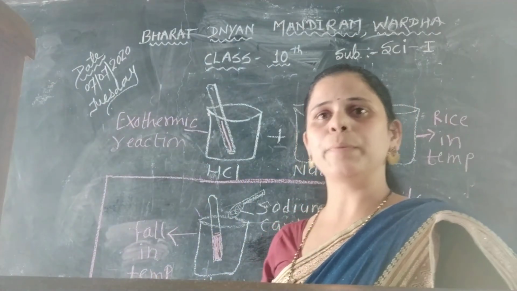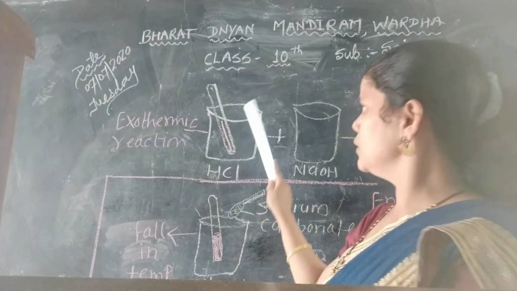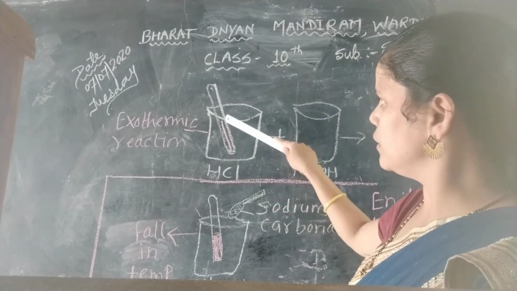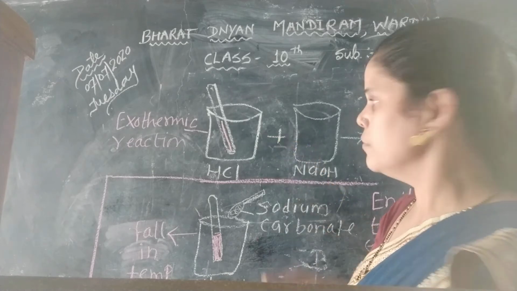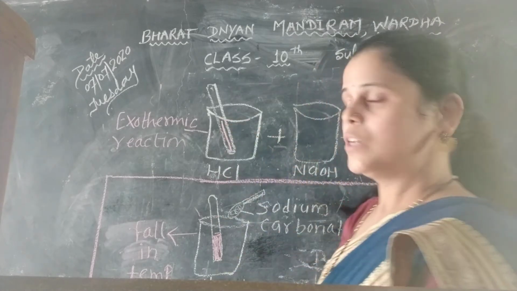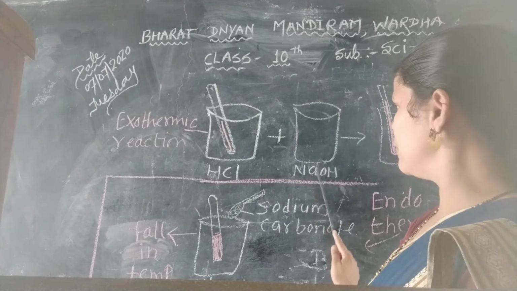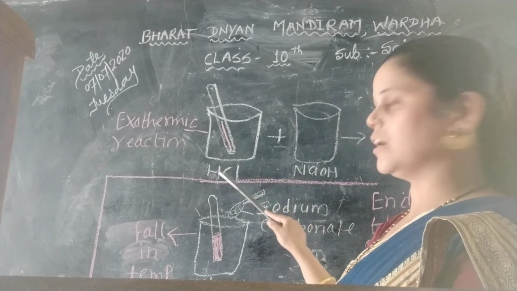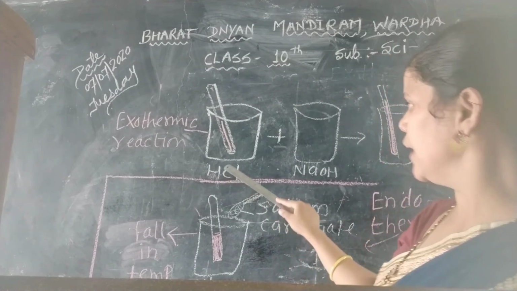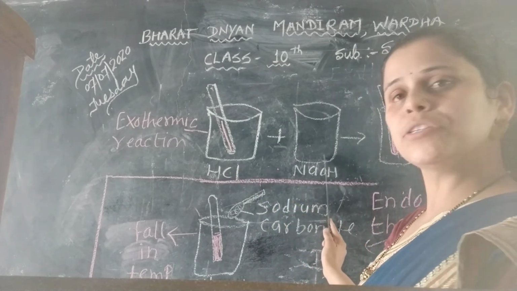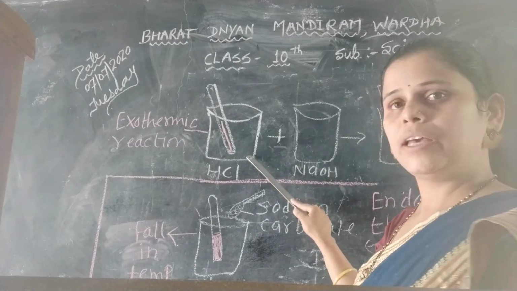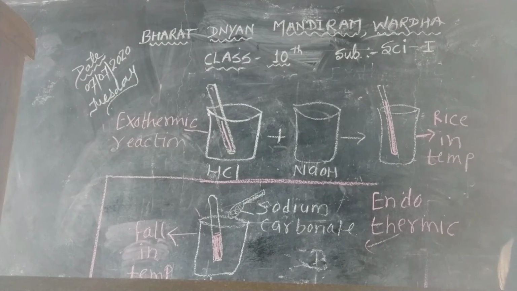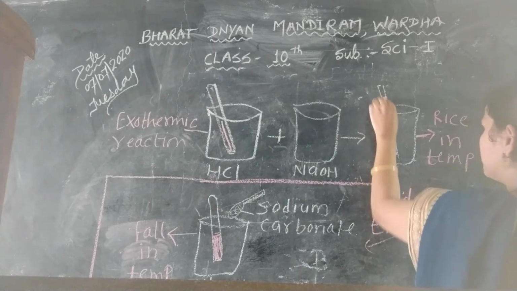Let's see an example, students. This is a beaker, this is a thermometer, and I indicate the temperature in the thermometer in pink color. This is another beaker having NaOH, and in this beaker there is an HCl solution. When we add the NaOH solution to the HCl solution, you can see the temperature rises.